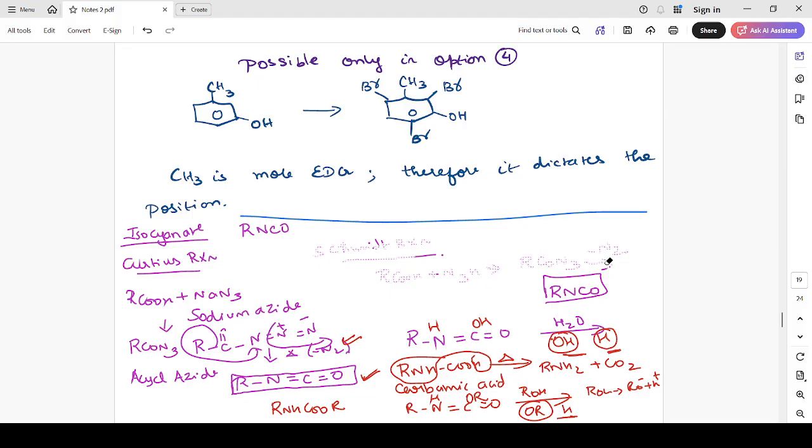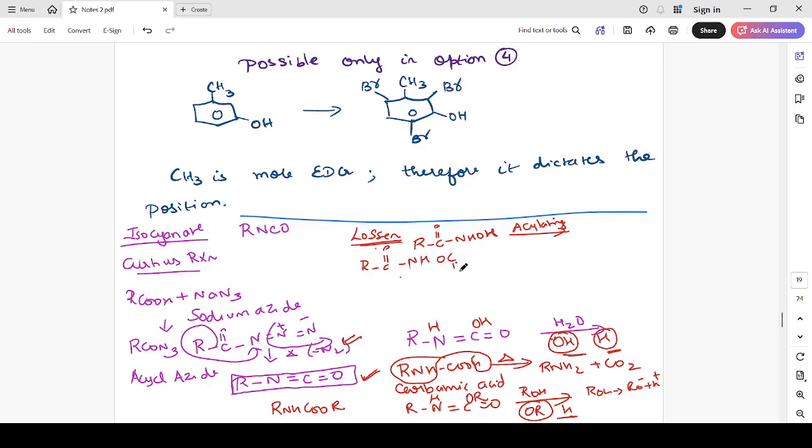Another reaction involving isocyanate as an intermediate is the Lossen reaction. There you have RCONHOH. Upon acylating, we form RCONHOCOR.